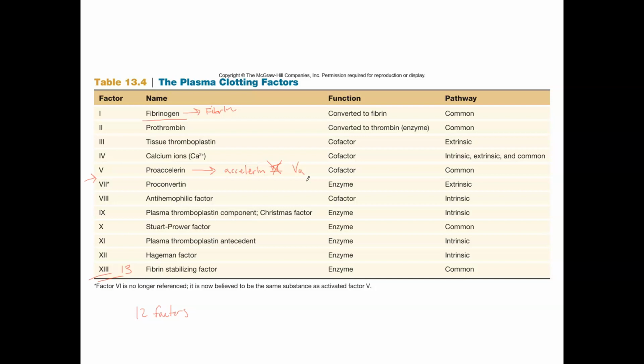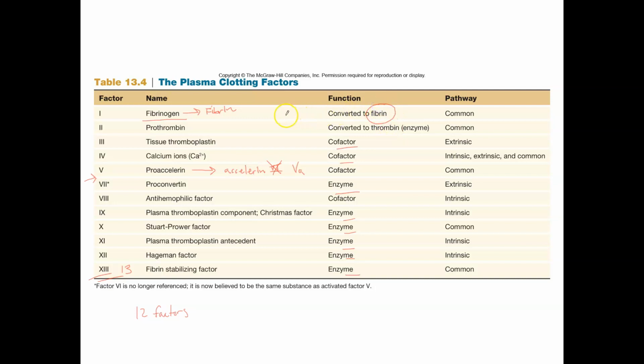So when you look at the numbers, yes, it goes up to factor 13. However, there's only 12 factors. You'll also notice that most of these chemicals that are referred to as clotting factors really are cofactors, or they are enzymes, okay? So they're working within the pathway in order for us to actually produce the fibrin protein.